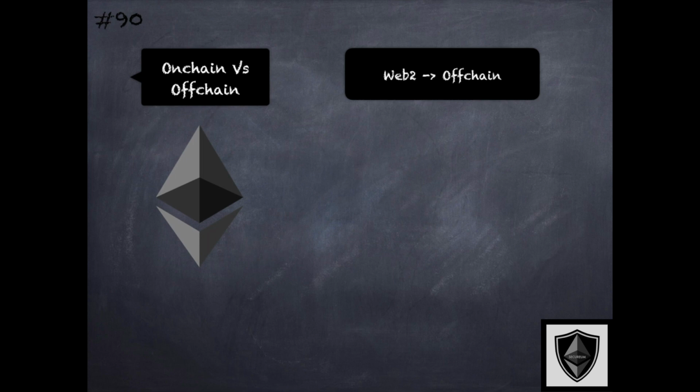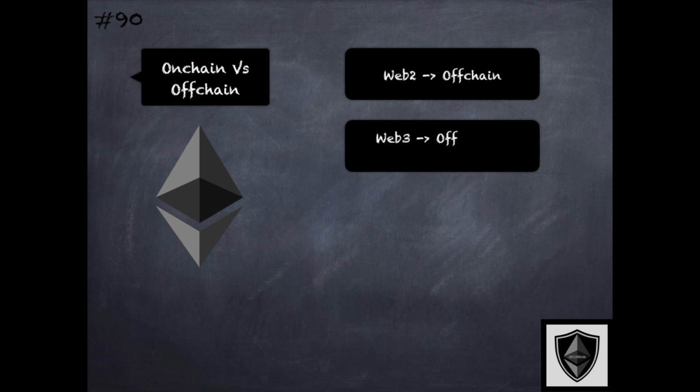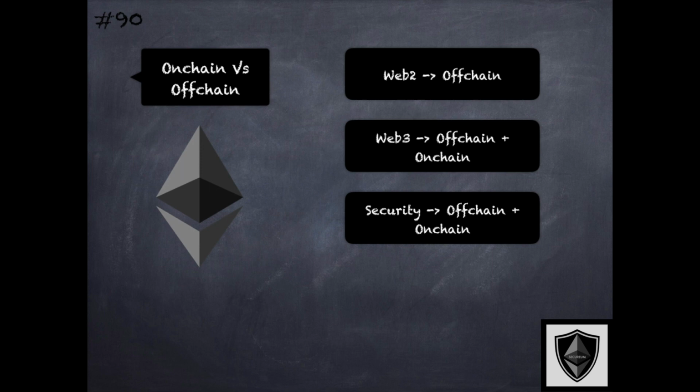So in the Web2 space, everything is off-chain because obviously there is no concept of blockchain in the Web2 space. But in the Web3 space, there is an off-chain component combined with an on-chain component. The off-chain component is really all the Web2, or the glue that binds the web interface to the smart contracts that are running on-chain. So that distinction is really critical when we think about security.